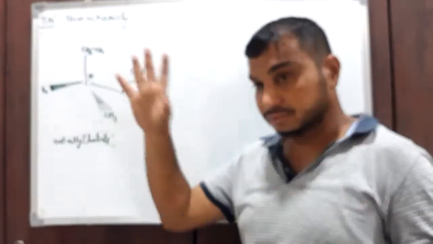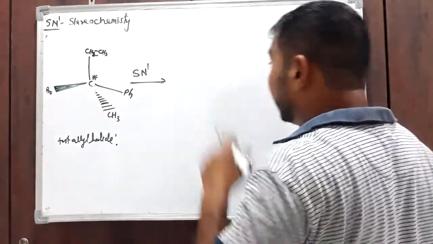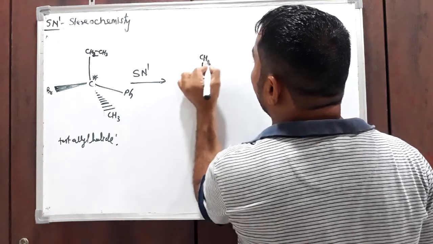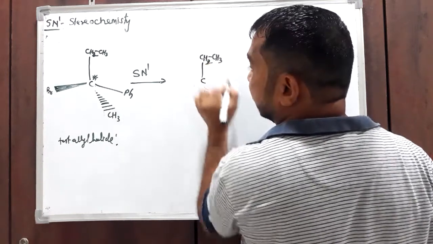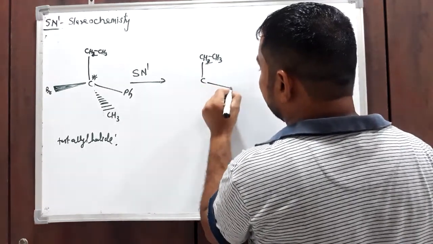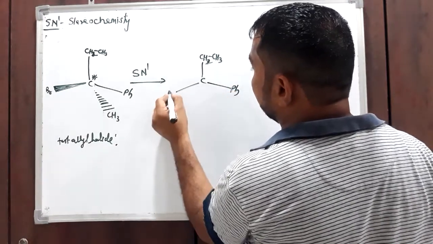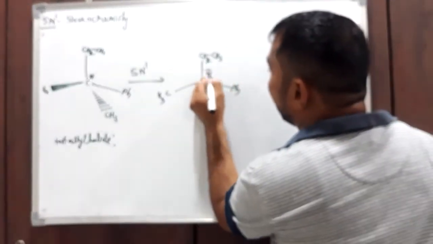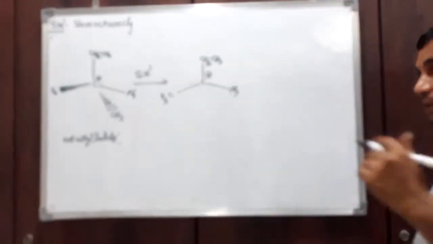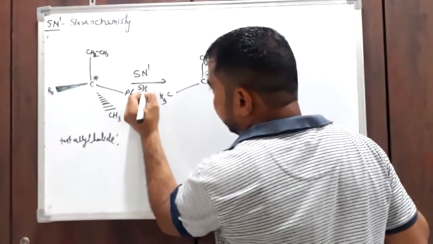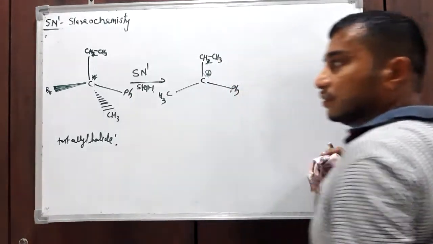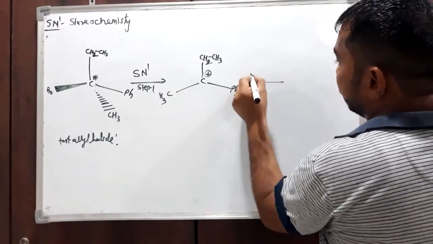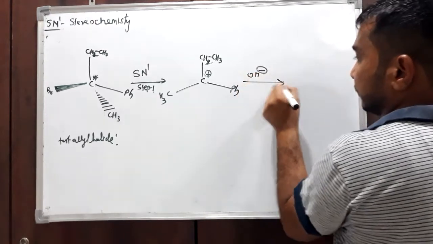The C-Br bond will break by ionization, and that will give a carbocation, and the carbocation is planar, right? This type of structure. Okay, this is the carbocation. This is step 1. Step 1 is formation of carbocation, or ionization. In step 2, OH minus ion attacks.